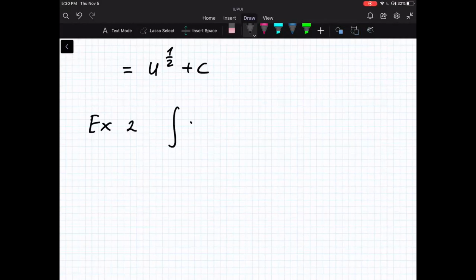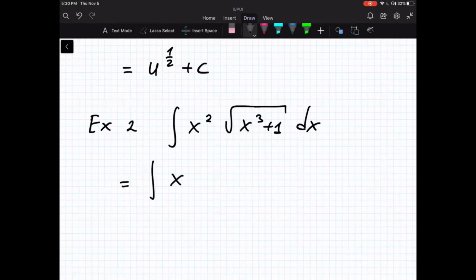Let's integrate x squared times the square root of x cubed plus 1 dx. Or I can write it as the integral of x squared times (x cubed plus 1) to the power 1/2 dx. And again, we should find u to some power and the derivative of that u. And here are two candidates.